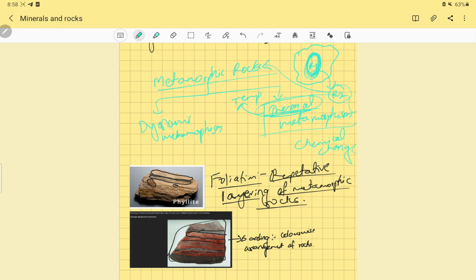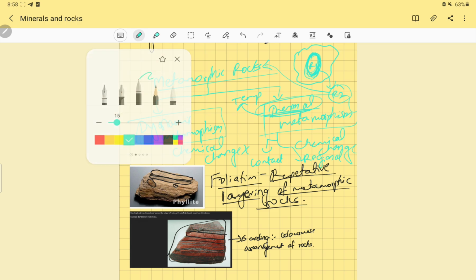Okay, and in dynamic metamorphism, chemical change is not present. In thermal metamorphism, it can be due to contact or it can be due to regional. Just a minute.